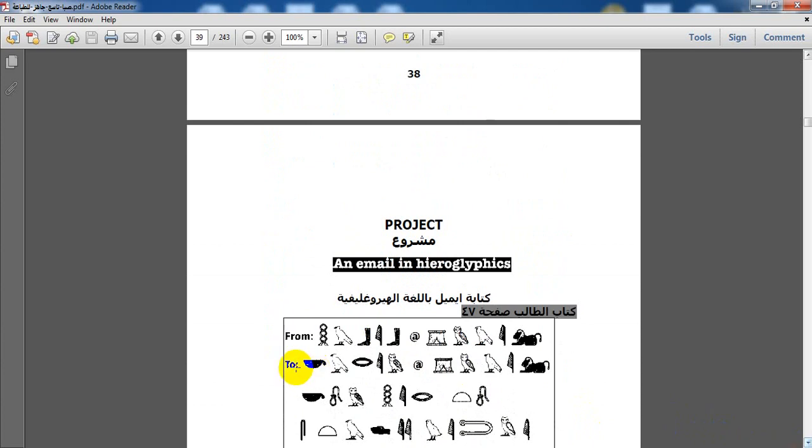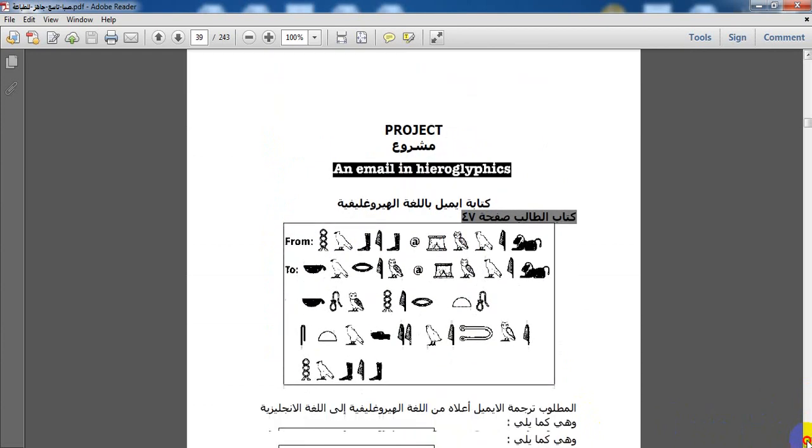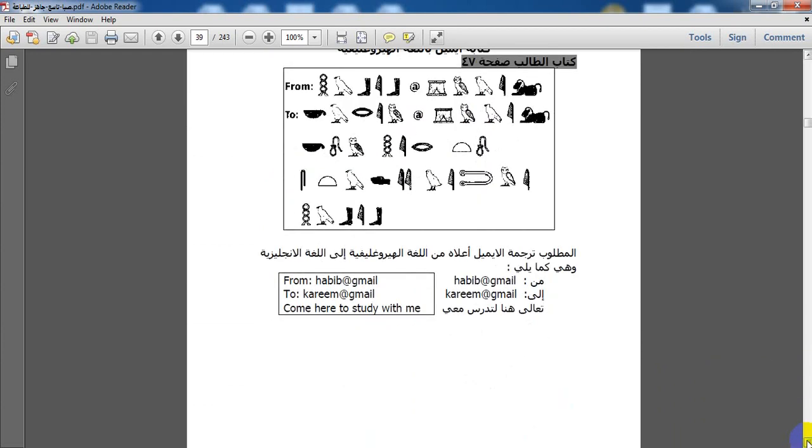Project: an email in hieroglyphics. From, to, come here to study with me.